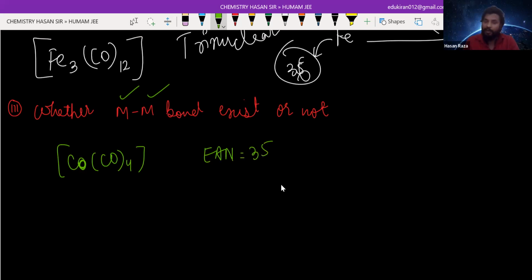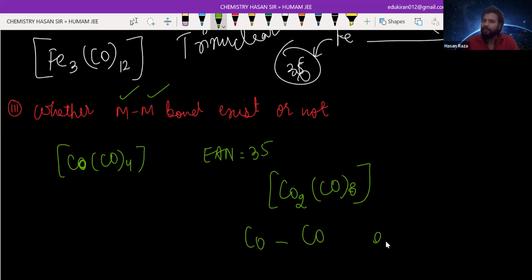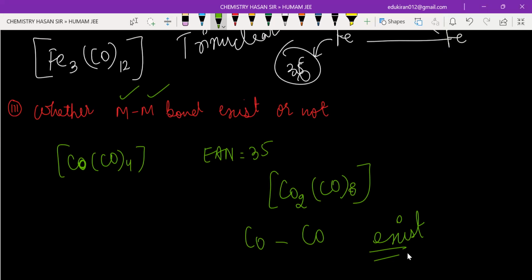In order to stabilize itself, what will it do? It will bond twice. That means it becomes dinuclear. So from here you can see easily that a Co-Co bond exists. So very simple these are, right? Yes or no, both of you? Yes, sir.